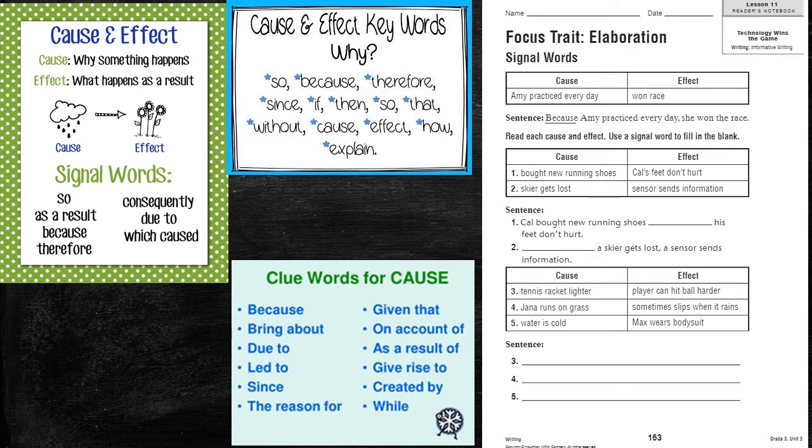The moment you see the word because, you're going to find out, well, I'm about to hit cause and effect. I'm going to find a reason, and I'm going to see what happened as a result of something that took place. So all these words are your signal words. In this exercise, you're going to read each cause and effect, and you use a signal word to fill in the blank.